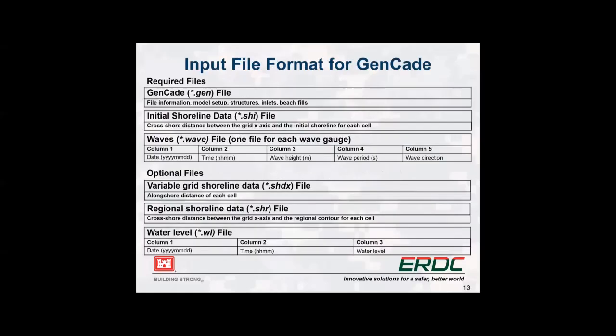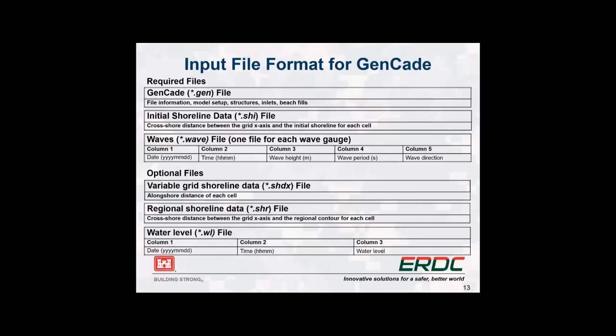The file formats for GenCade: there are a lot of just text files that GenCade runs off of. Once you get used to the model, you can go into all these various input files and edit them manually. Typically, the user at least sets up the model through SMS. Historically, SMS was a little bit slower to run GenCade directly through than to run it through the command line prompt, but I think now that's no longer a problem.